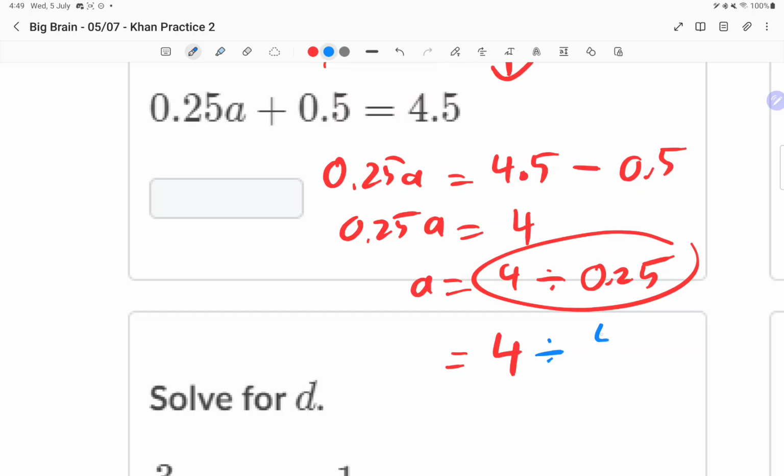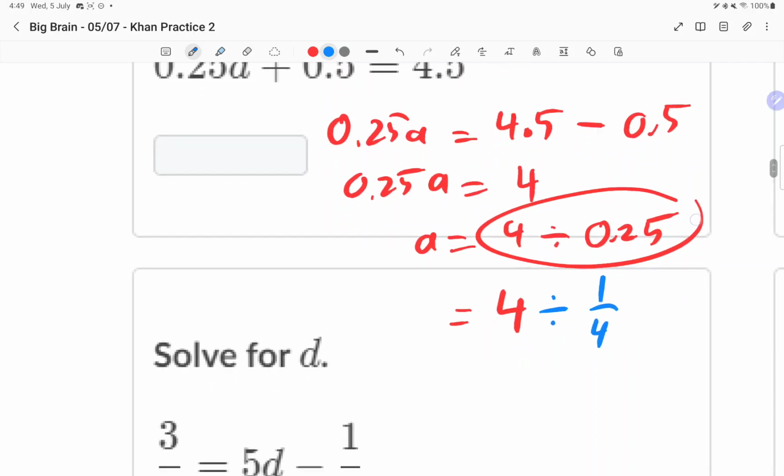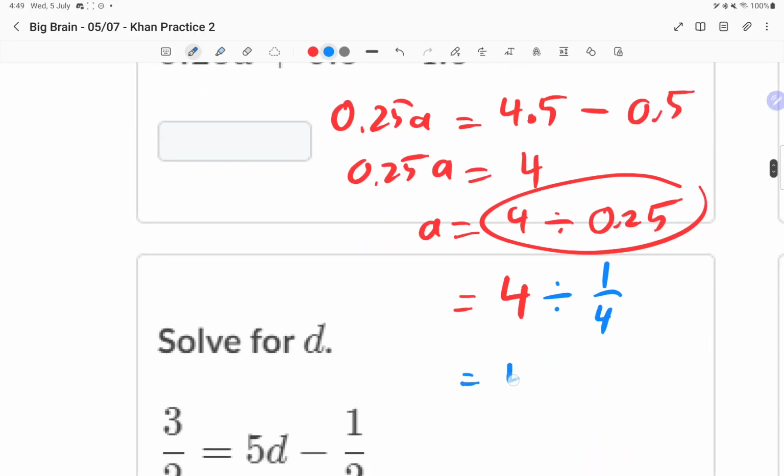1 over 4, correct? And how do we divide by a fraction? Change it into a times. That's right, change it to times. And how do you change the fraction if you change a divide into a times? 4 over 1. And what is this called?